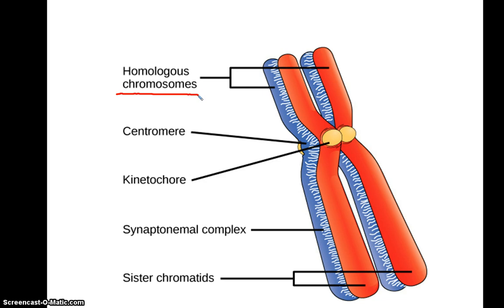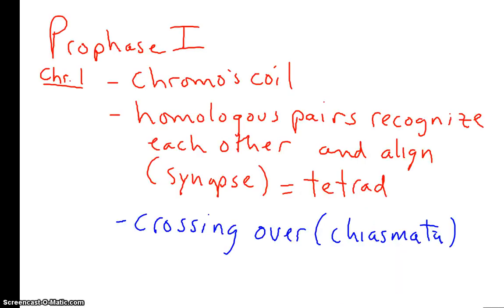So we're going to talk about 2 divisions where first the homologous chromosomes get separated, and then second, during meiosis II, the sister chromatids will get separated. So prophase 1 is the first step. And if we look at 1, the thing here that happens is chromosomes will coil, they'll condense. The homologous pairs recognize each other and align. That's called synapse. That's where we get the tetrad between those homologous chromosomes.